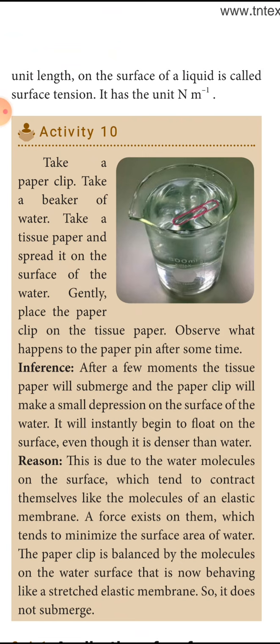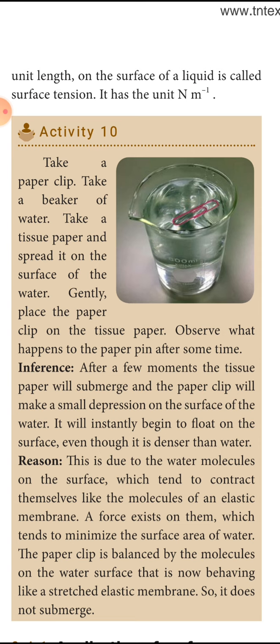After a few moments, the tissue paper will submerge and the paper clip will make a small depression on the surface of water. It will instantly begin to float on the surface even though it is denser than water, because the water molecules on the surface tend to contract themselves like the molecules of an elastic membrane.